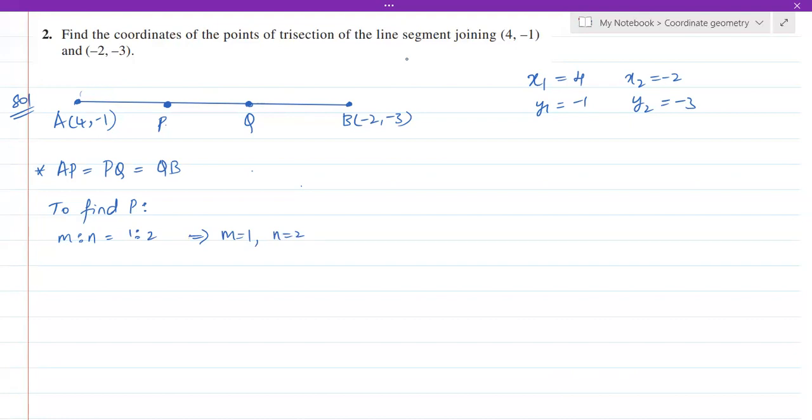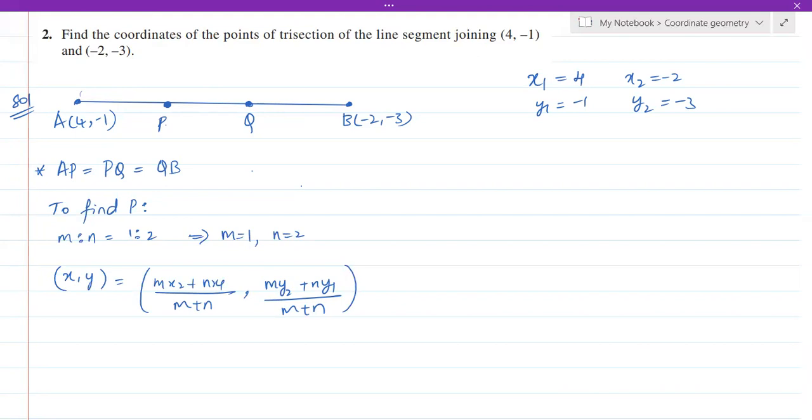So let's find the value of P. What do we get? (x, y) is equal to (mx2 + nx1) divided by (m + n), comma, (my2 + ny1) divided by (m + n). So this is the formula, isn't it?